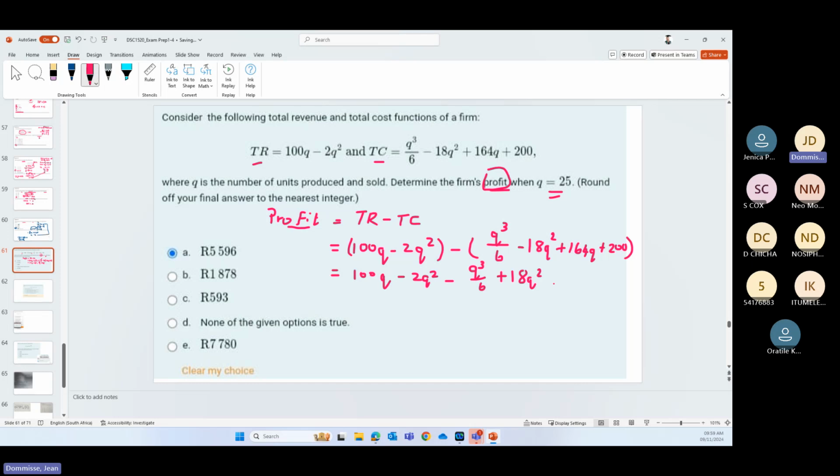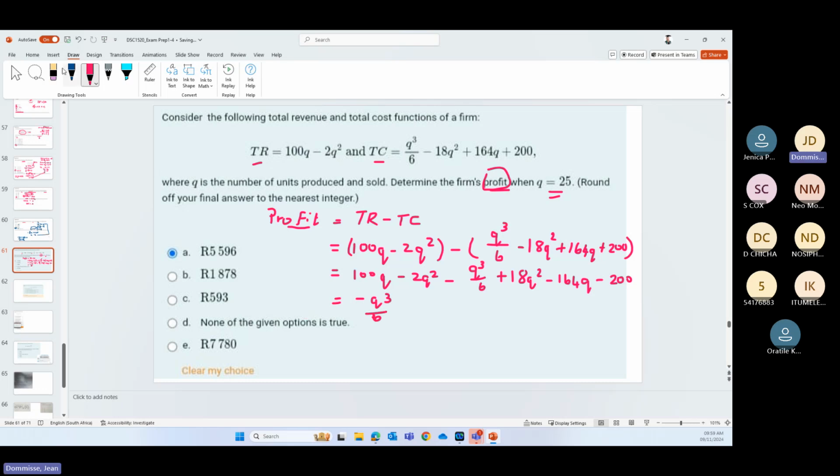Negative times a positive gives us a negative. And a negative times a positive gives us a negative. So first we've got the negative Q3 over 6.